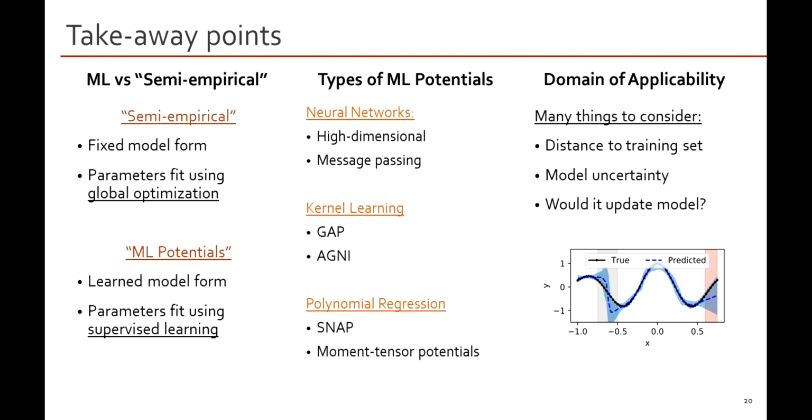And within machine learning potentials, there are many different ways you can approach it that each use different types of learning algorithms, such as neural networks or kernel methods or even linear regression.